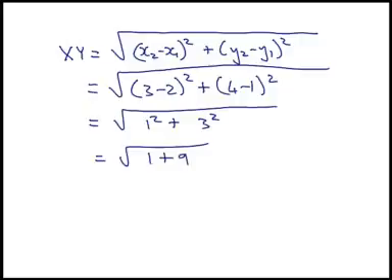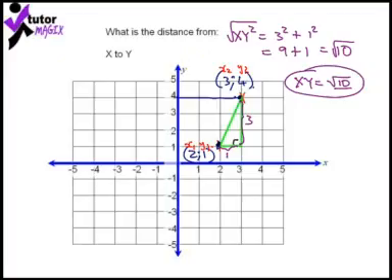That will give us 1 plus 9, which is exactly the same, then square root of 10 as the length or the distance of the line between X and Y, or the distance between the 2 points X and Y. Square root 10, which is exactly the answer we got there when we used straightforward Pythagoras.